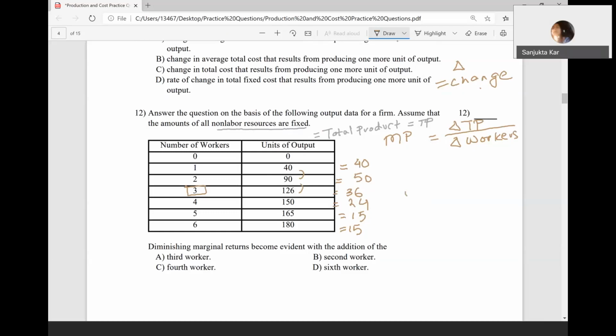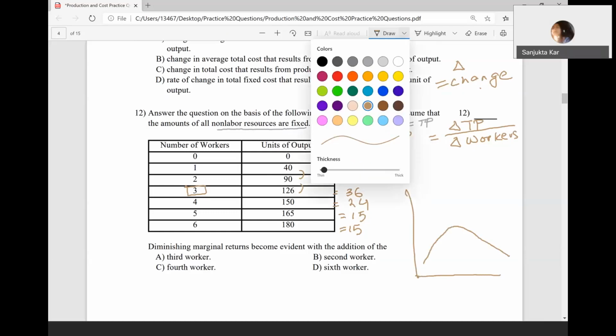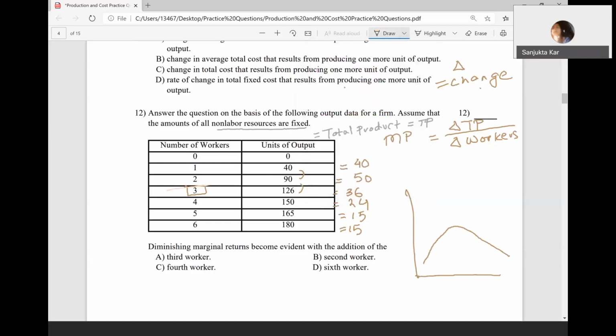So marginal product was increasing, reaching a maximum point at 50, and it started going down from the addition of this third worker. So my answer to this question is A, the third worker.